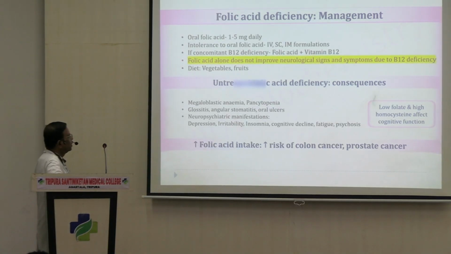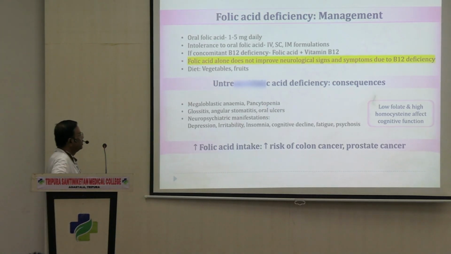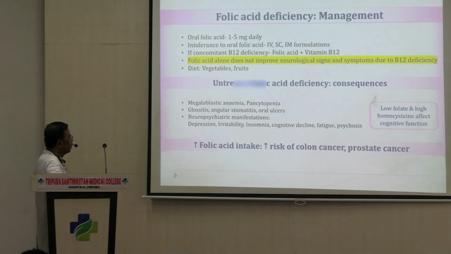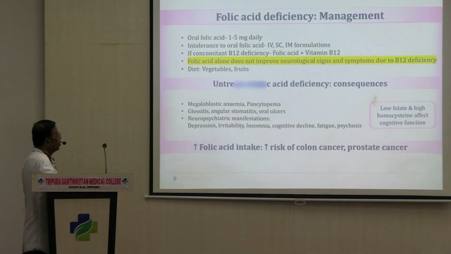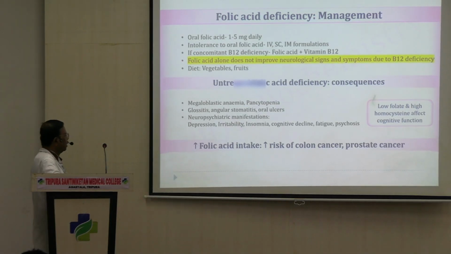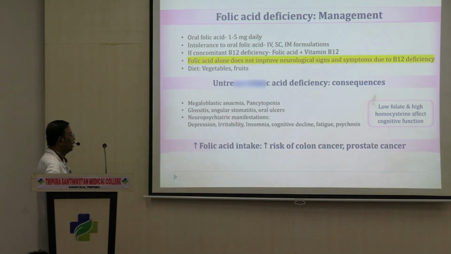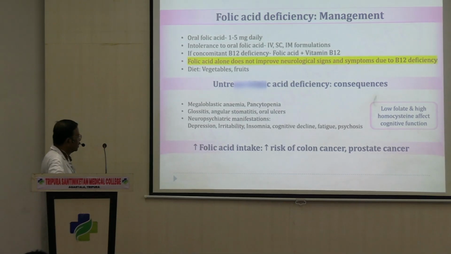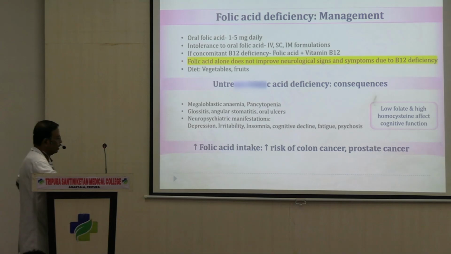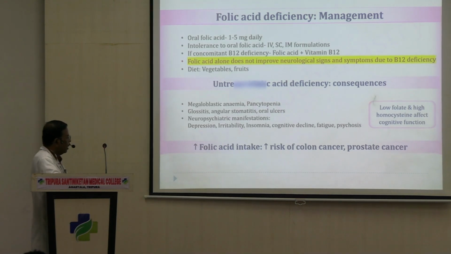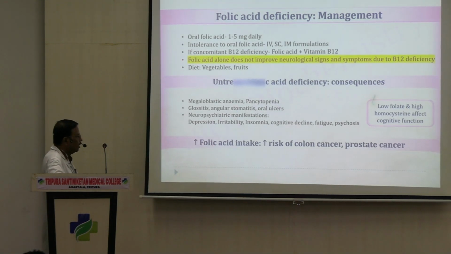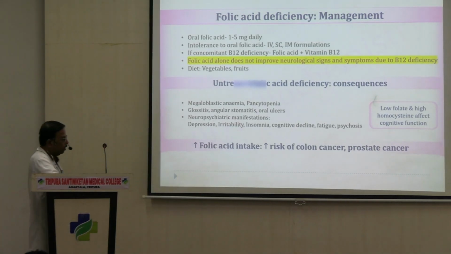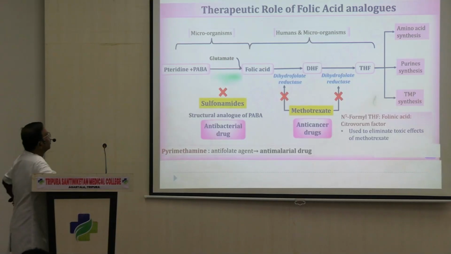In case of untreated folic acid deficiency, consequences are megaloblastic anemia, pancytopenia, glossitis, angular stomatitis, oral ulcer, neuropsychiatric manifestations, depression, irritability, insomnia. These will be the symptoms of folic acid deficiency. High amount of folic acid intake may increase the risk of colon cancer or prostate cancer. So excessive amount should not be given.